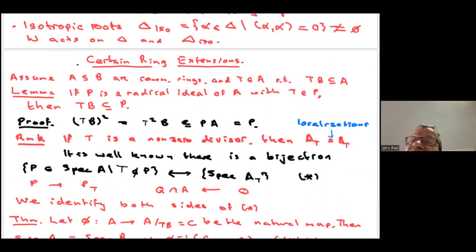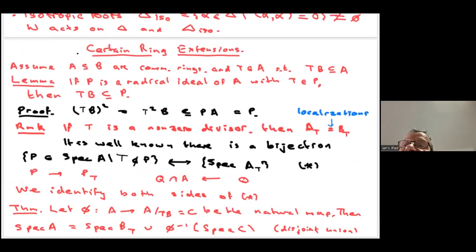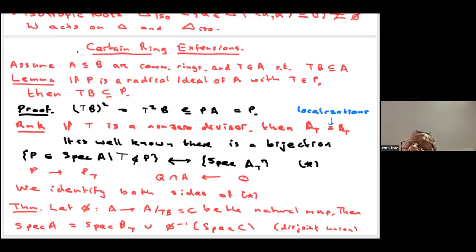Well, the first part is just some basic ring theory. I'll assume that I have two commutative rings, A inside B, and t is an element of A such that tB is contained in A. And then you see, if you have a radical ideal P of A, where t is contained in P, then tB is contained inside P. And to prove it is one line.